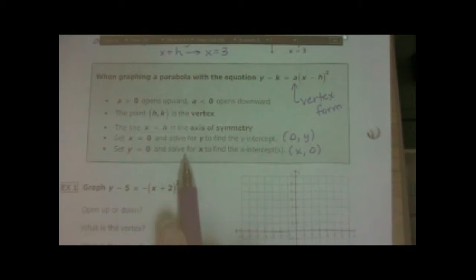It may give you one solution, it may give you two solutions, but if you get an imaginary solution, which is going to happen from time to time, that means there are no x-intercepts. All right? So we're going to go through some examples, and we're going to graph these from start to finish.